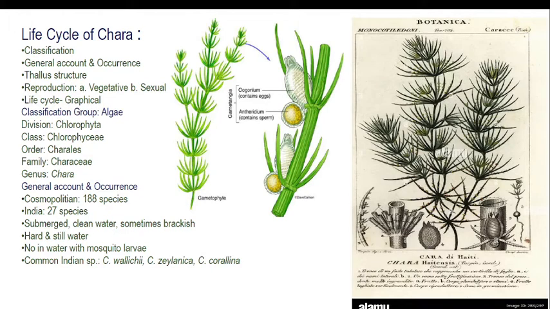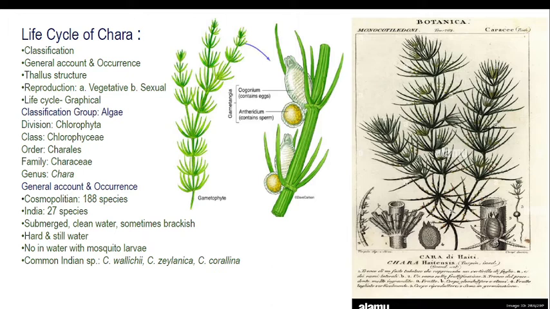There are some main points we are going to learn about Chara: classification, general account and occurrence. Then the thallus structure, where we are going to know about each and every part of the thallus.